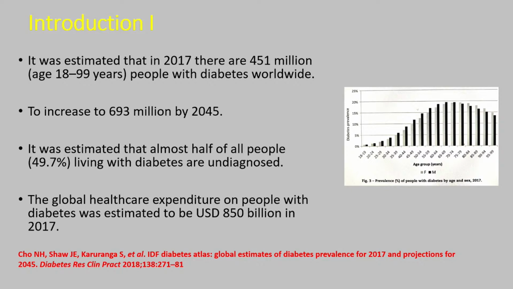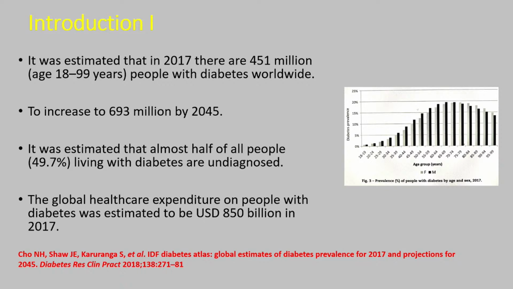So as an introduction, as you well know, in 2017 we had around 451 million people with diabetes in the world, increasing to around 693 million by 2045.